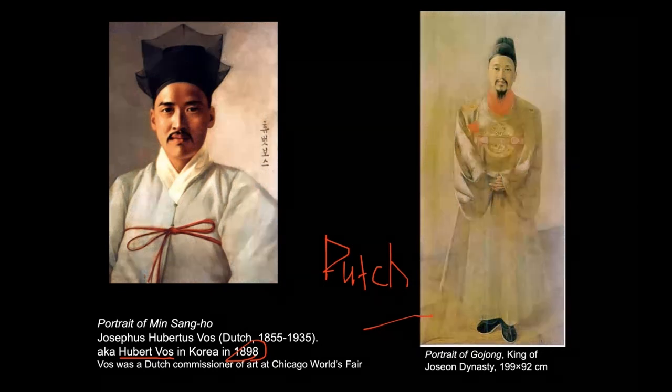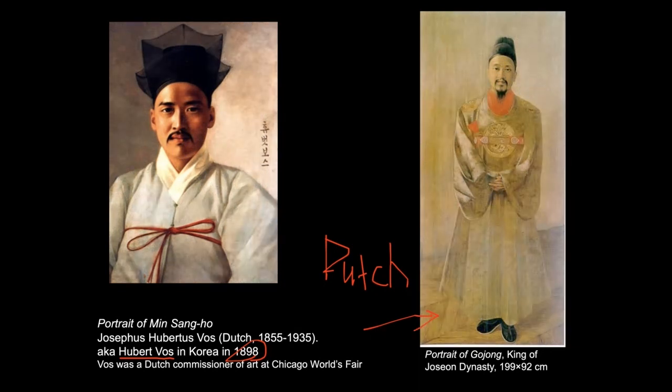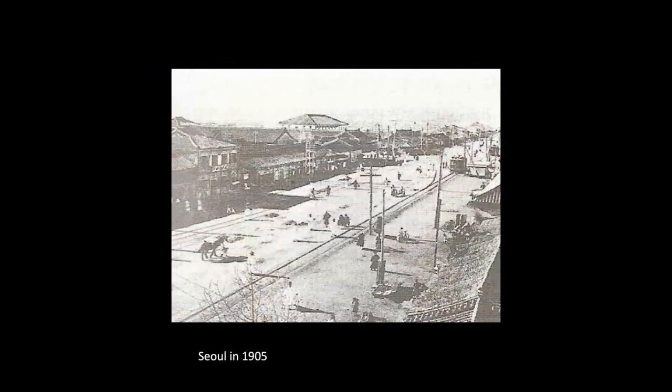So this is Emperor Gojong, painted by Hubert Bos. And Hubert Bos was also friendly with Empress Min's family. This is Empress Min's brother, Min Sang-ho, brother-in-law of King Gojong. This is an oil painting. People were first exposed to oil painting around the 1890s.